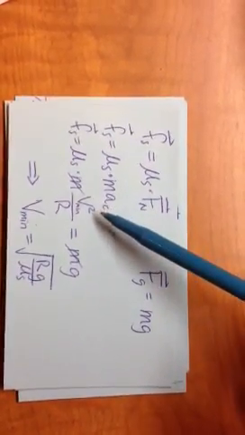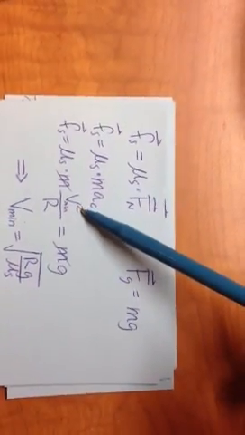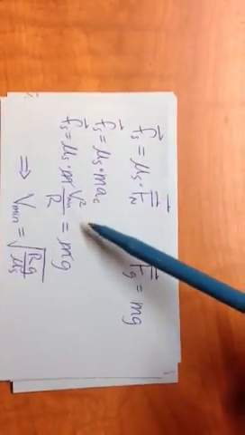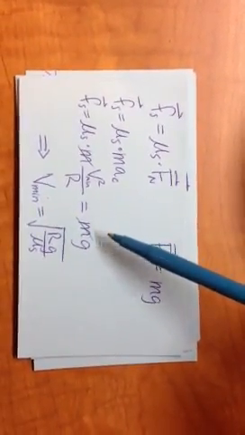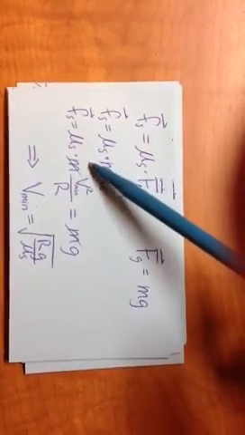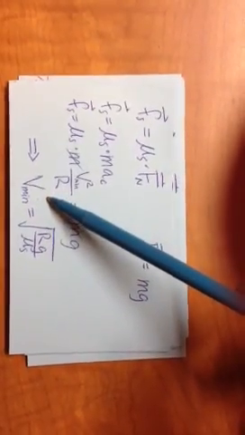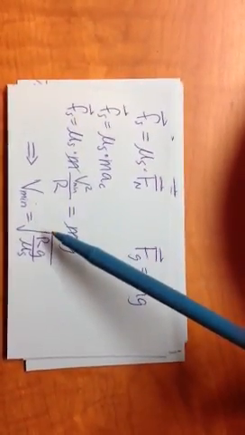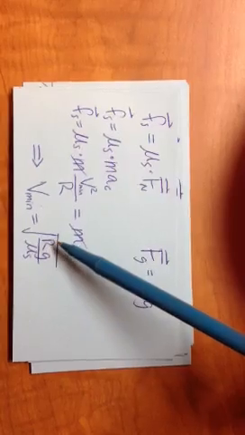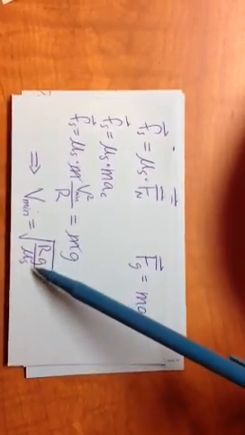Centripetal acceleration is equal to v squared over r, which we substituted in, and we also set the whole thing equal to gravity, which is mg. So we can cancel out mass and solve for minimum velocity, which is now equal to the square root of distance r from the center times gravity divided by μs.